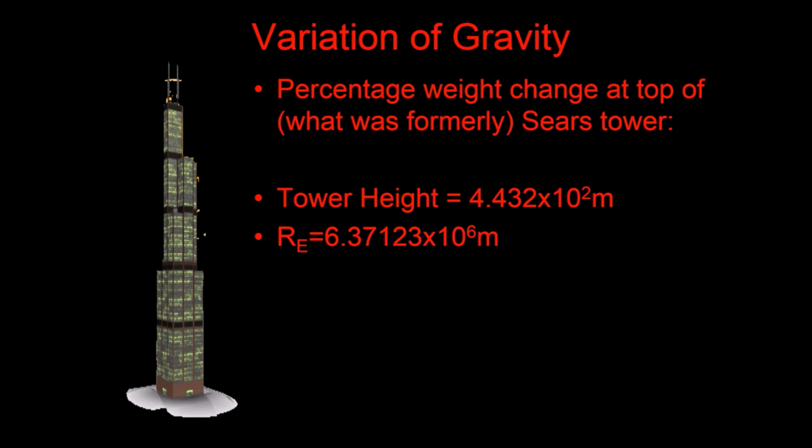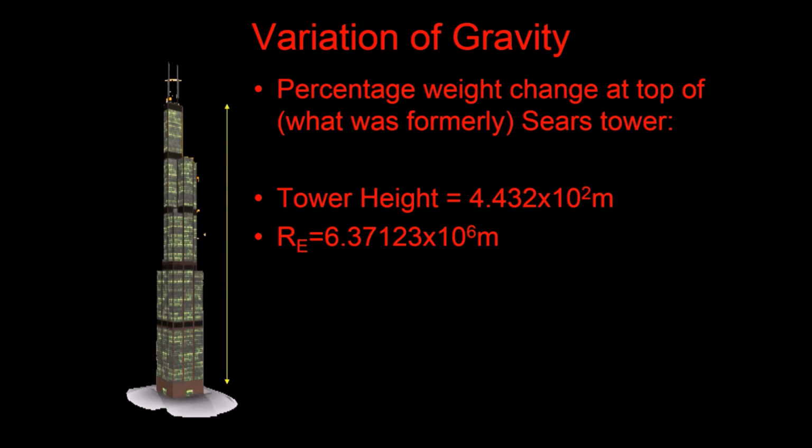So if we just look at, say, how much our weight changes if we go to the top of what's now, I think, called Willis Tower, until somebody else buys it, we can take a look at how much our weight varies. The tower height here is 400 meters. The radius of the Earth, though, is 6 times 10 to the 6 meters.